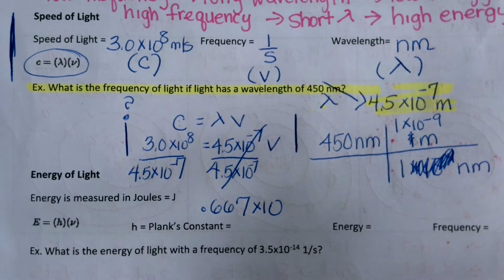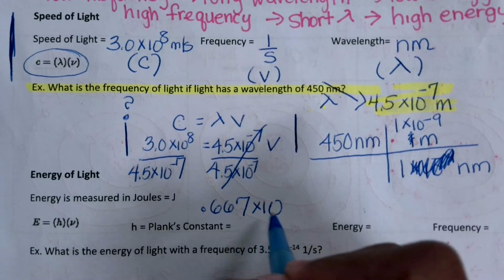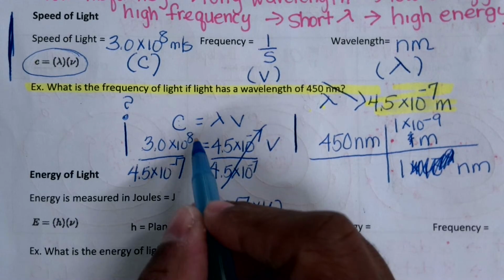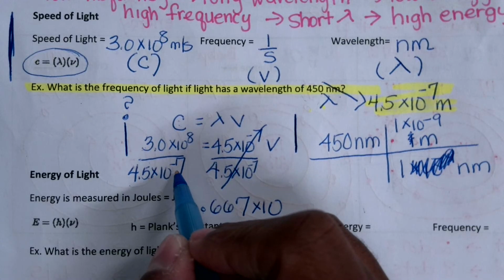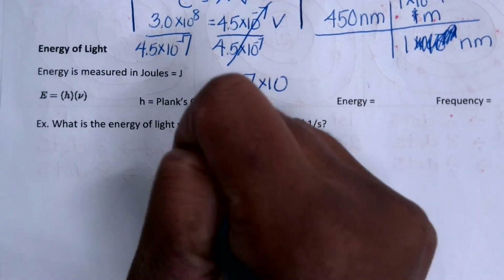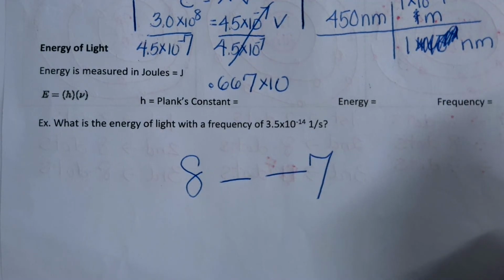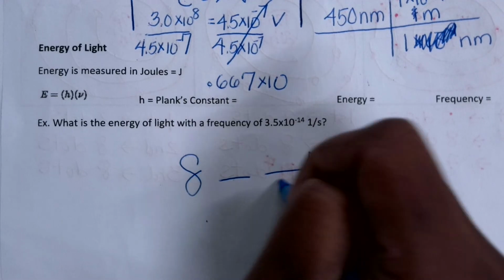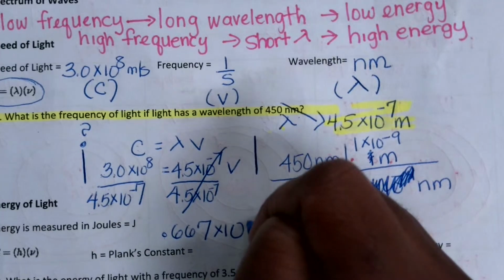I'm going to round my end answer to 2 sig figs, but this is the ongoing 0.66 number. Now, when you divide, what do you do to exponents? Subtract. So 8 minus a negative 7. What does that come out to be? That's now addition of 8 and 7, so these turn out to be positive. So what's 8 plus 7? 15. So that's what goes here.